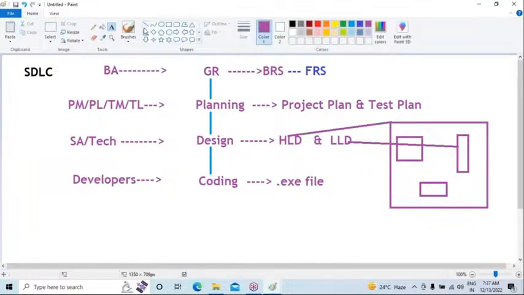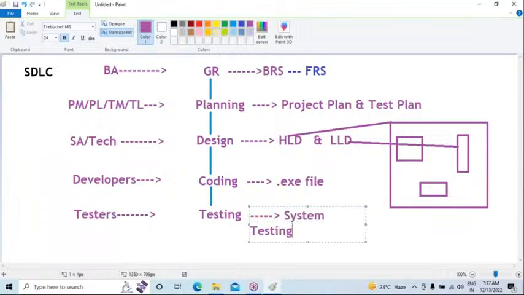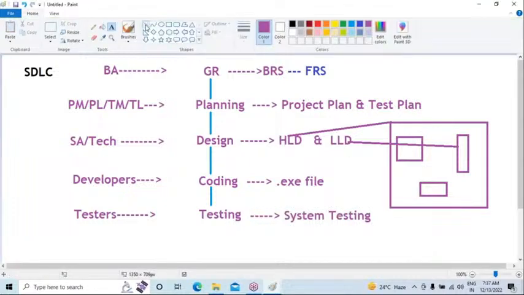Next, once the application is developed, the testing comes into the picture. We have to test whether the developed application meets all the customer requirements or not. Who are the people involved here? The testers are going to be involved, and they need to perform the complete testing. Here we will go for system testing or application testing.